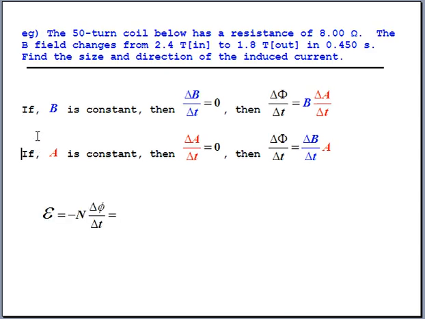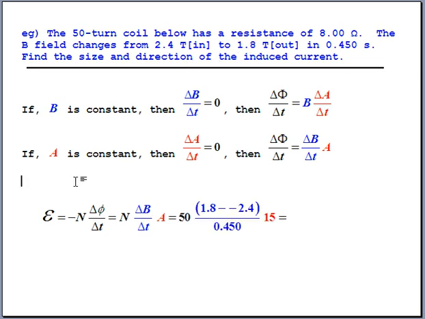Okay, looking at that story, we could have said, oh, there's the base equation, but we know that this flux is B times A, and it looks like only the B is changing. So we could have asked, how fast is the B changing? And then multiplied that by the area. Now the B goes from 2.4 one way to 1.8 the other. It's a big change. It's actually a change of 4.2 Tesla because it does the U-turn.